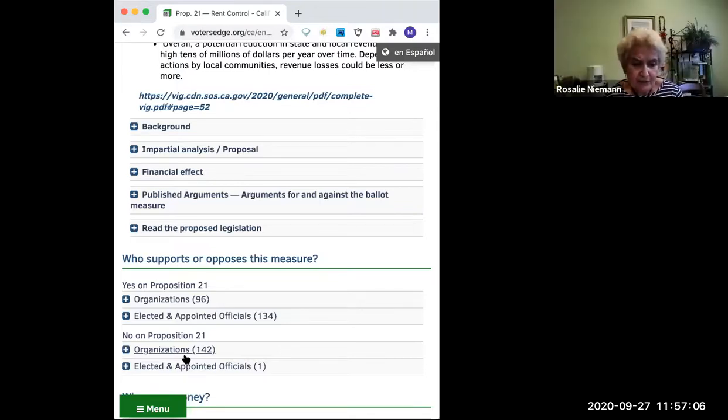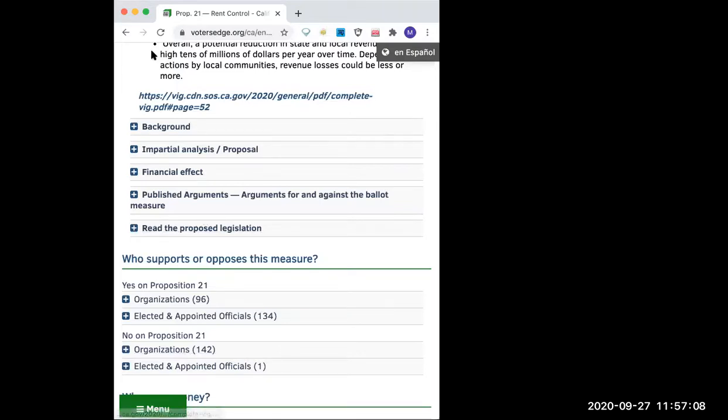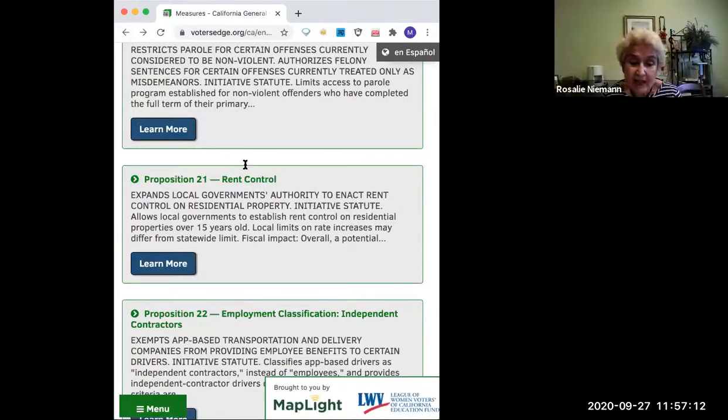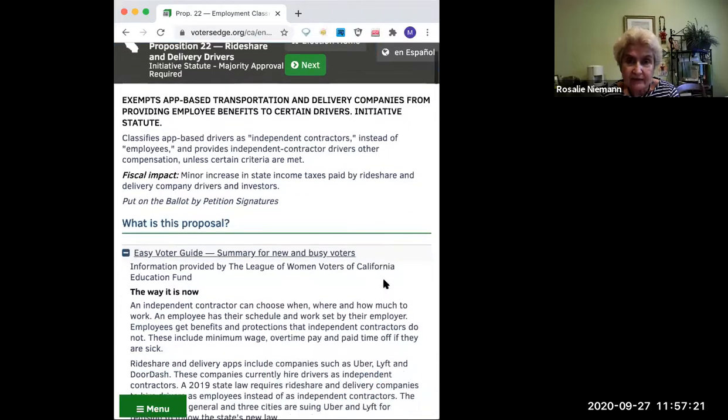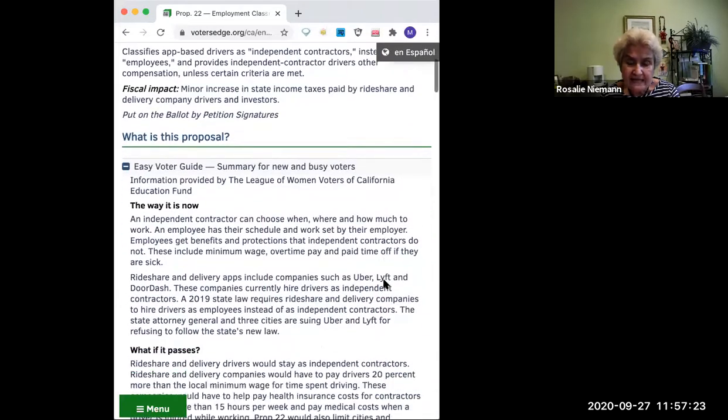Okay, Prop 22 exempts app-based transportation and delivery companies from providing employee benefits to certain drivers. The question is, should app-based ride share and delivery drivers be classified as independent contractors, that is, not employees, and should rideshare and delivery companies be required to adopt labor and wage policies unique to these drivers?